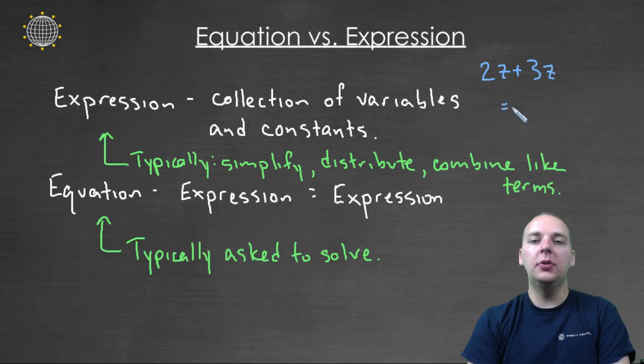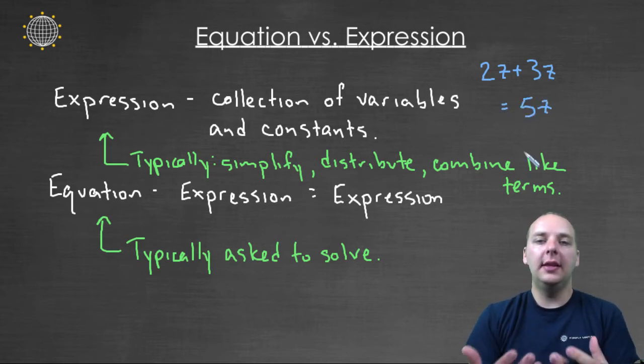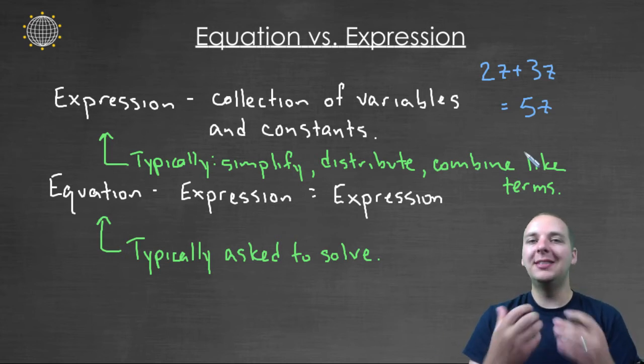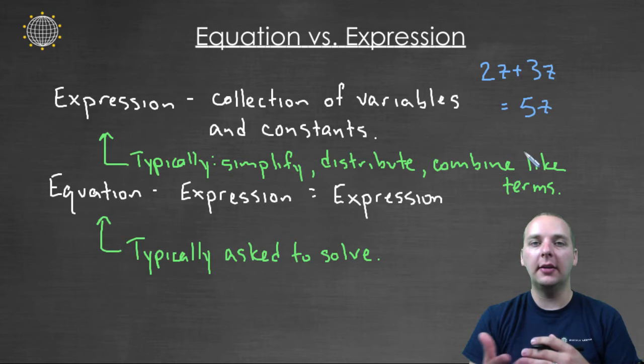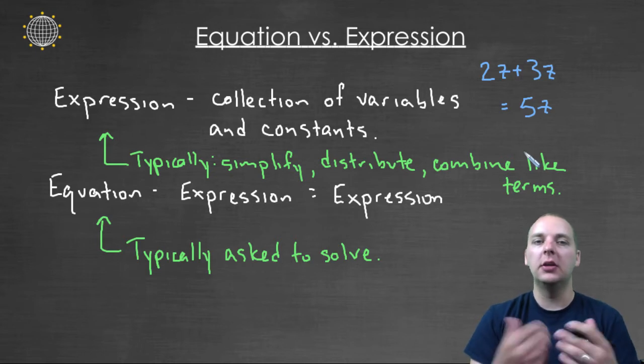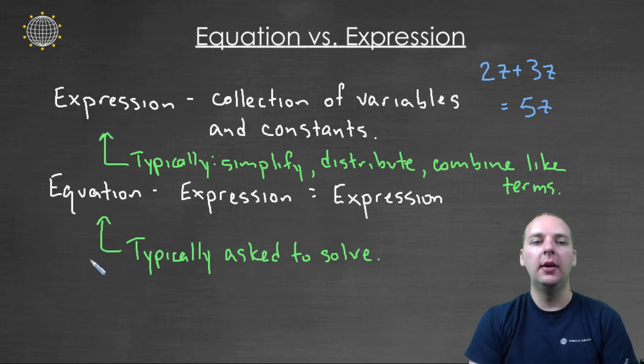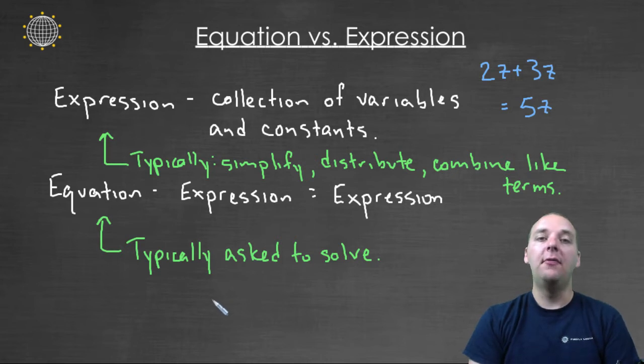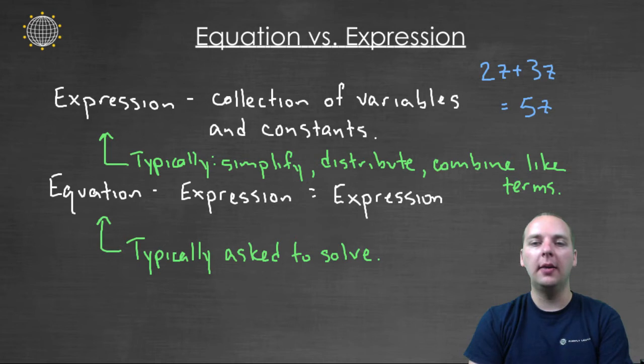This would be equal to the expression 5z. See, I've rewritten the expression by combining like terms, but there's no specific z that's correct. It's just an expression. It's just a collection of variables and constants that have been combined together. But now an equation, on the other hand, you'll typically be asked to solve that one. That means find what the right x value is or the y value or whatnot.